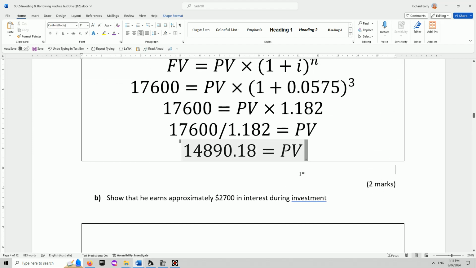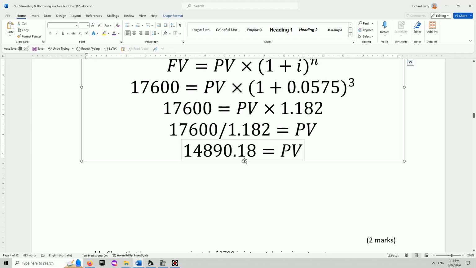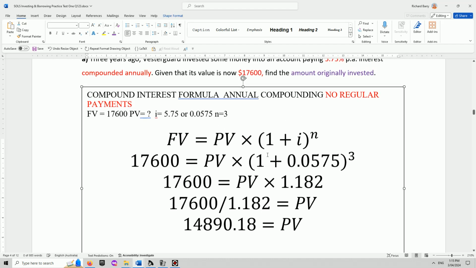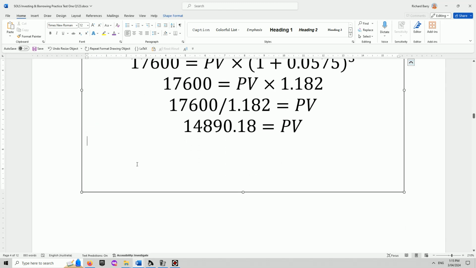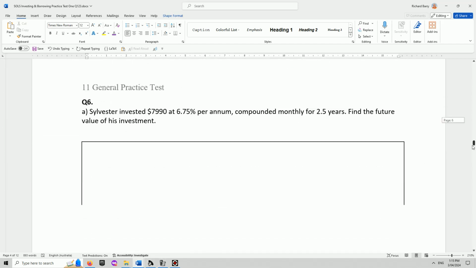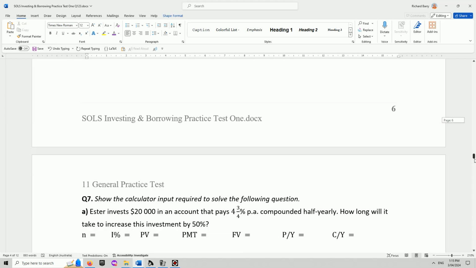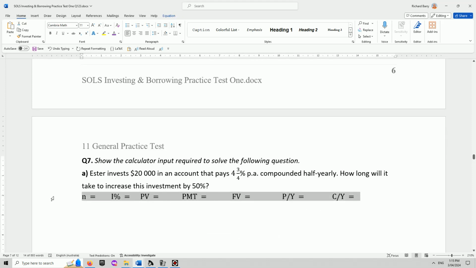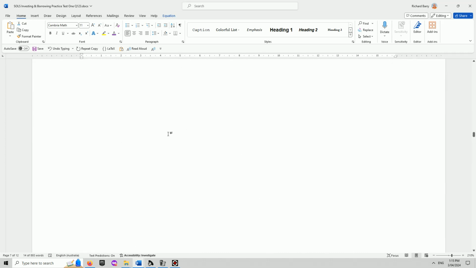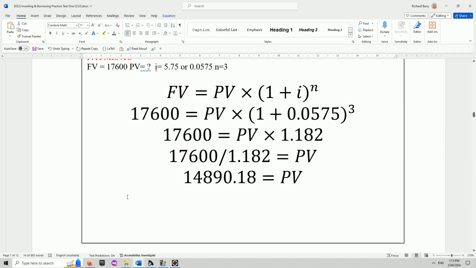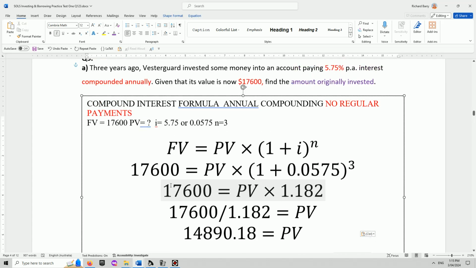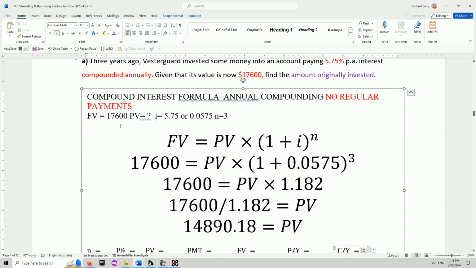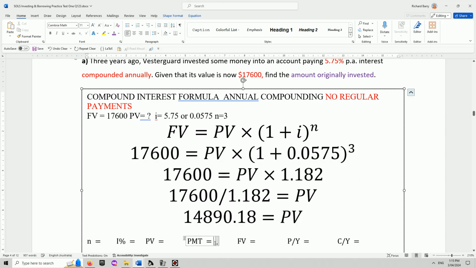Now, we're going to need some more space here, so I'll make this a bit bigger. Let's do the same in the graphics calculator. Anytime you use the graphics calculator, you should show these numbers, so I'll slow down a bit. In this question, the payment is 0.